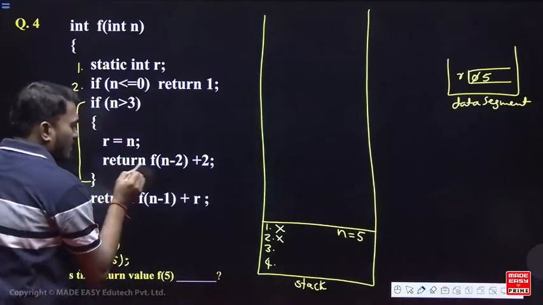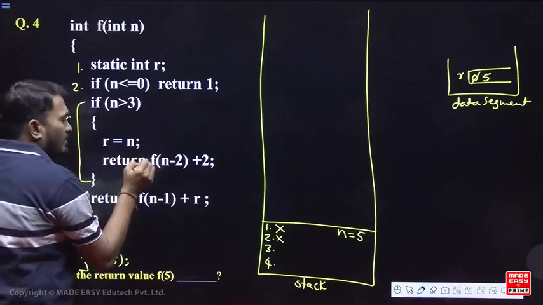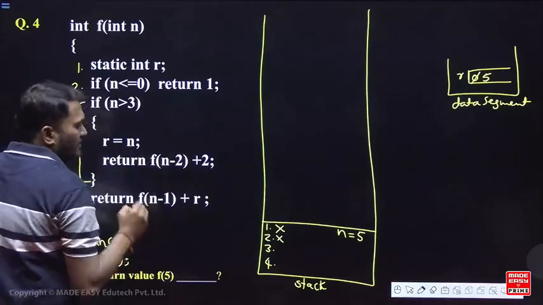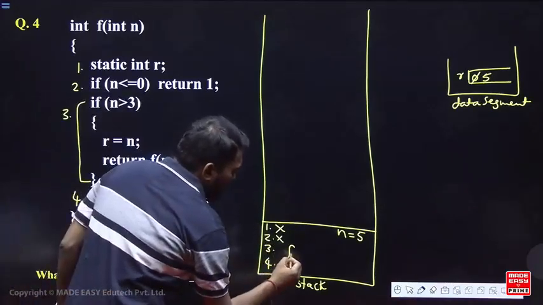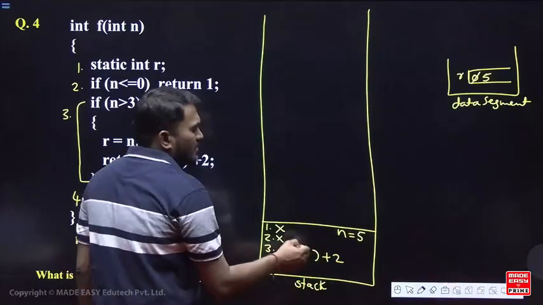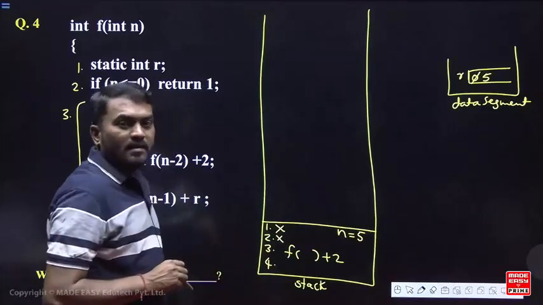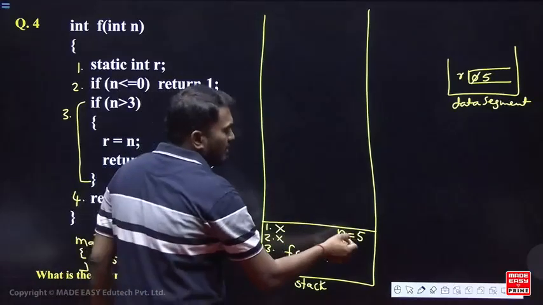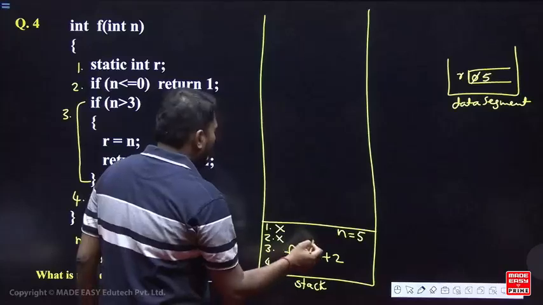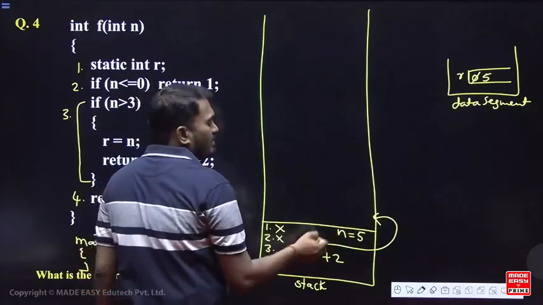Next you are saying return. This is the fourth statement, recursively calling f of n minus 2 plus 2. F of n minus 2 means, n value in this activation record is how much? Listen carefully. n value in this activation record is 5. So f of n minus 2 means it is recursively calling with n value 5, and 5 minus 2 means 3.